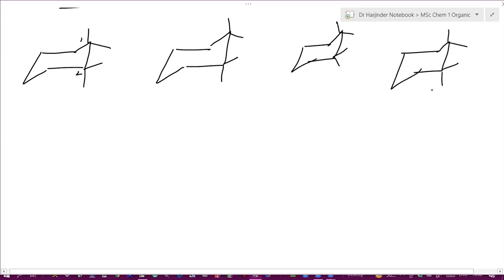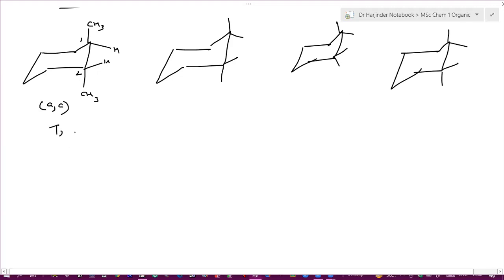In the first, let us take axial. The methyl group will be at axial position and the other methyl group also at axial position. This one will be hydrogen. Is this cis or trans when both are at axial position? Trans, because both methyl groups are anti or opposite to each other.